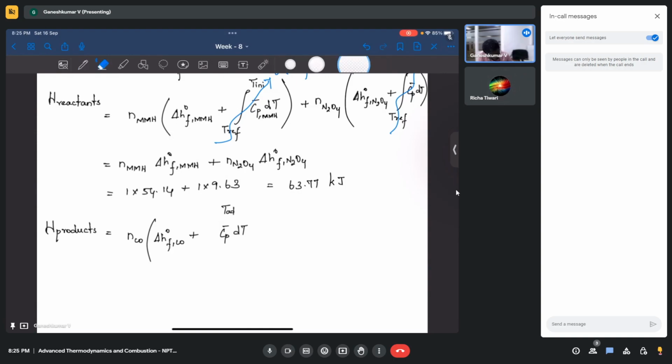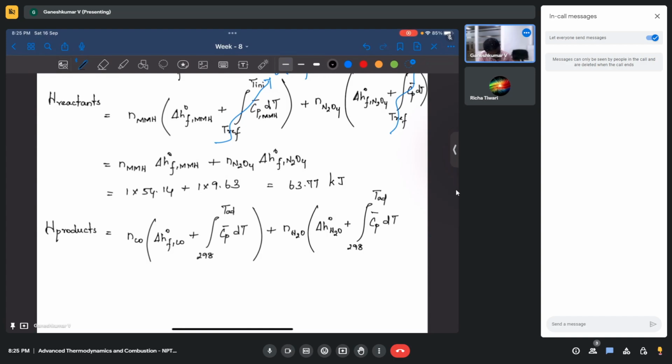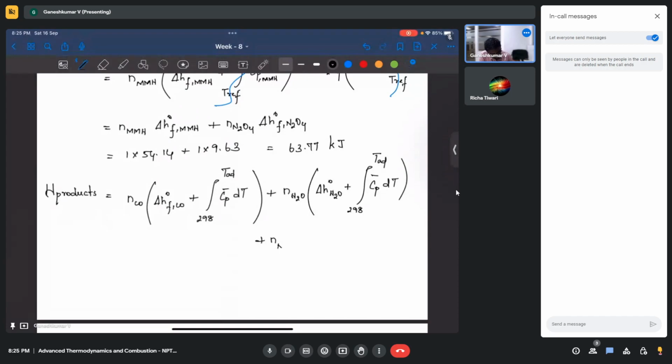Let's write T ref as 298 for simplicity, plus N times H2O times H naught F of H2O plus the integral from 298 to T adiabatic of Cp bar dT, plus N of N2 times the integral of Cp bar dT.